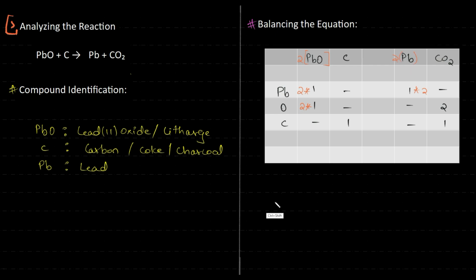So basically we are looking at 2 PbO plus carbon giving out 2 Pb plus CO2.